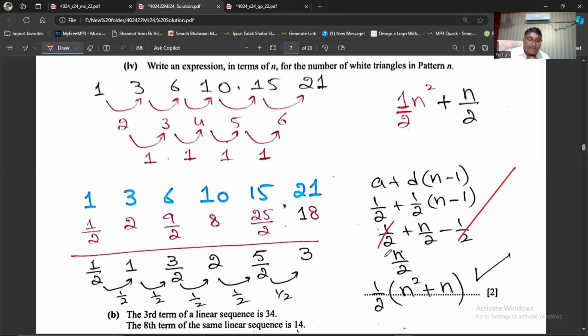Whatever the answer comes, just write here in your rough work, plus n by 2. So my final answer for the number of white triangles in the pattern is 1 by 2 bracket start n square plus n.